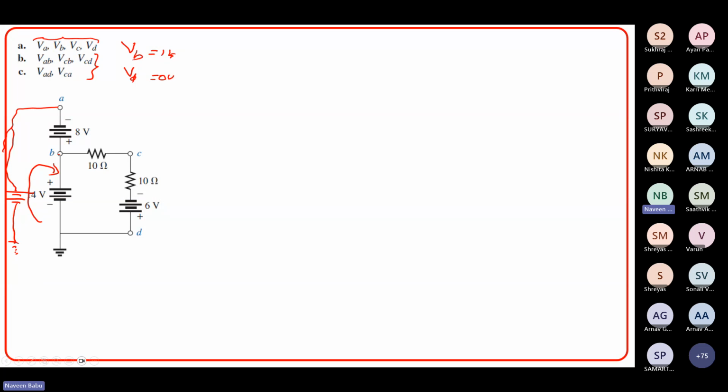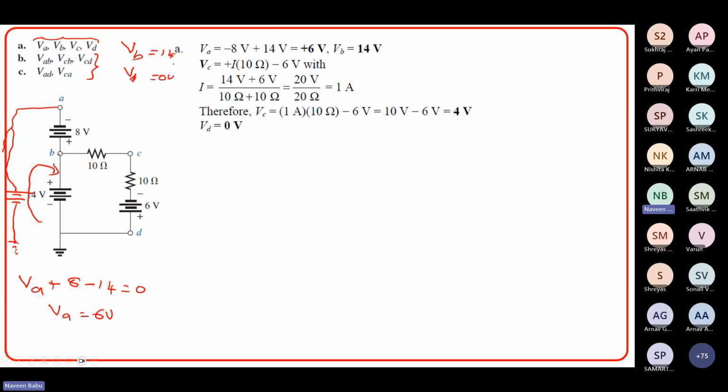So the equation will become VA plus 8 minus 14 equal to 0. So VA will be equal to plus 6, right? So VA is plus 6 volts.